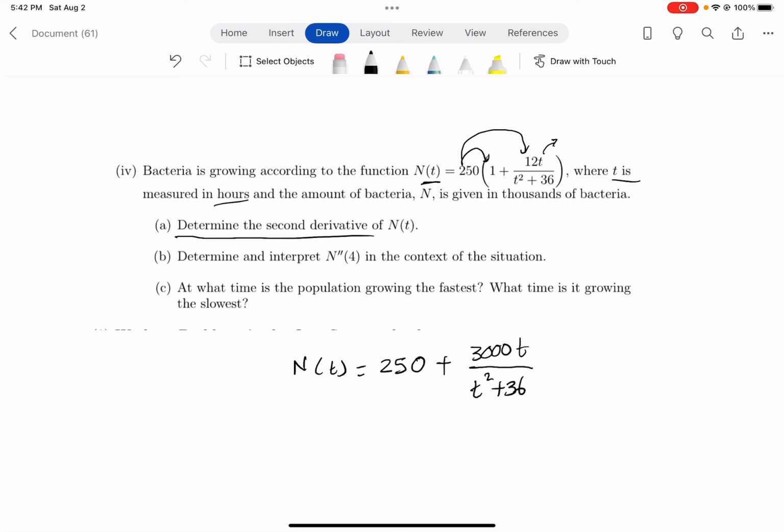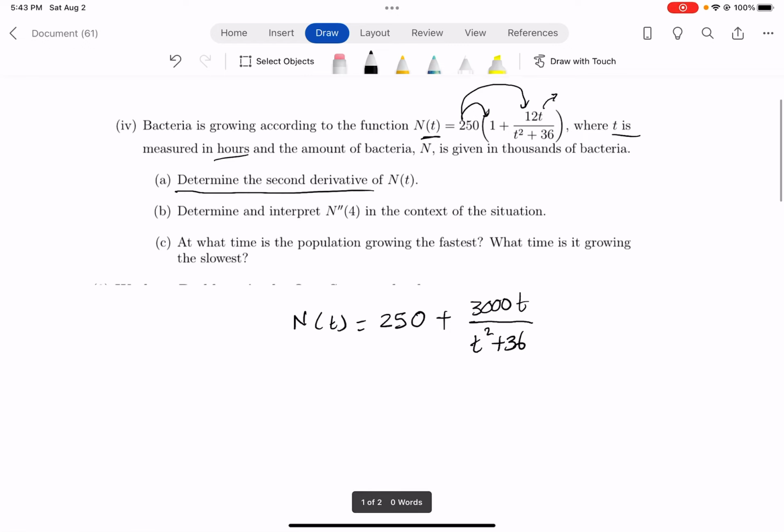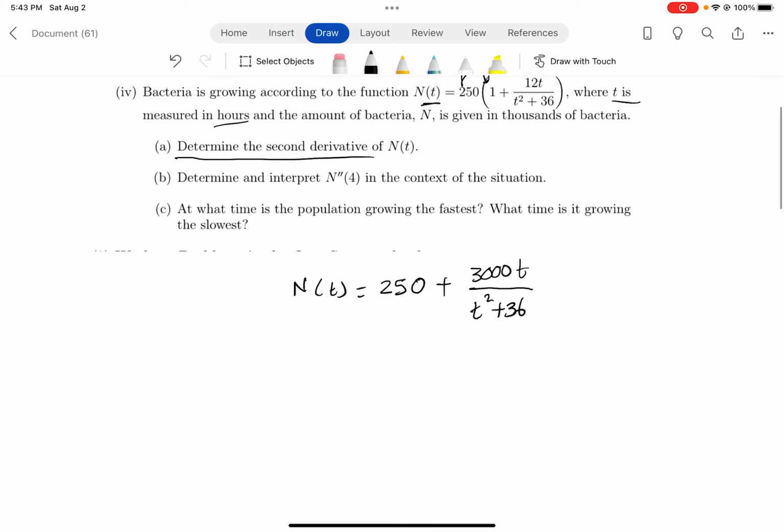So we want to do it the same way we did before, the technique that we always use. Let's take the function that we are going to take the derivative of. You could do it this way or the other way. That's completely up to you.